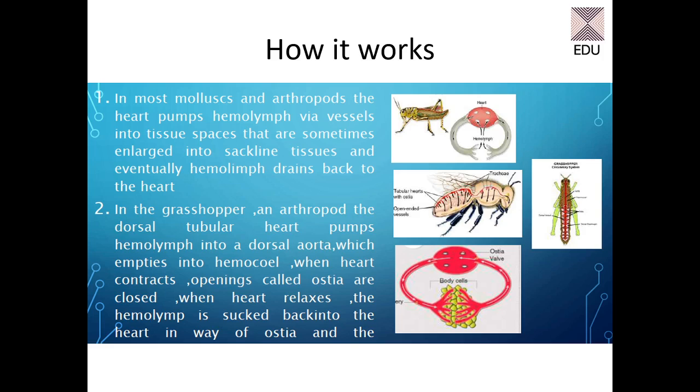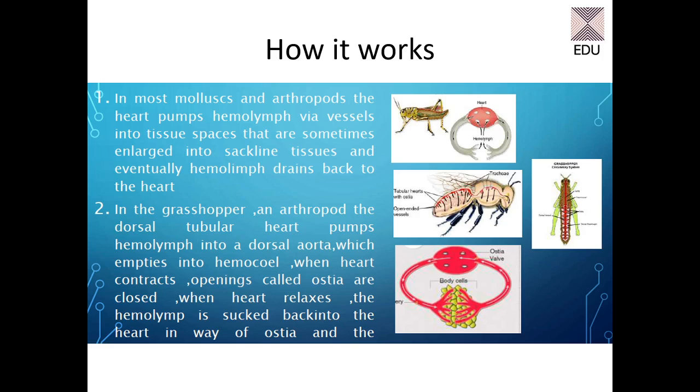Now, what is the working strategy? I've already told you in the previous slide. In the case of mollusks and arthropods, the heart pumps the hemolymph via vessels into the tissue spaces, which we discussed earlier as the hemocoel.